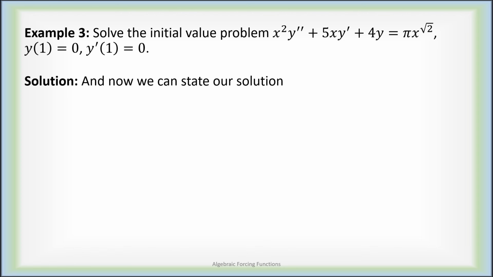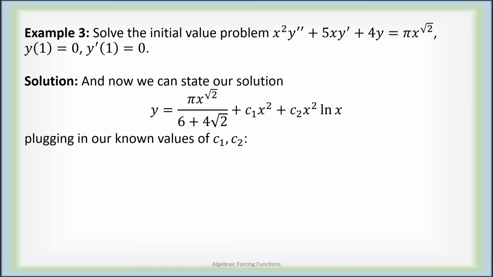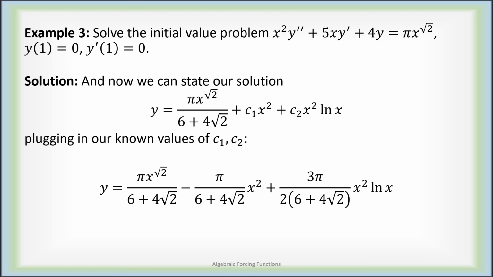And now we can finally state our solution. We had that our general solution was the particular solution plus some linear combination of our fundamental set of solutions, and we have solved for c1 and c2, so we plug those in. Here is the solution to this differential equation with those initial values.